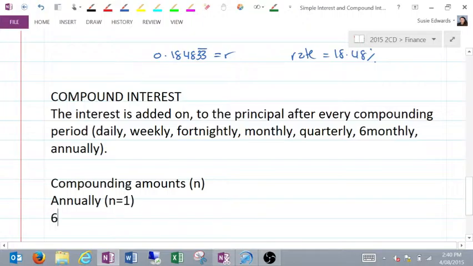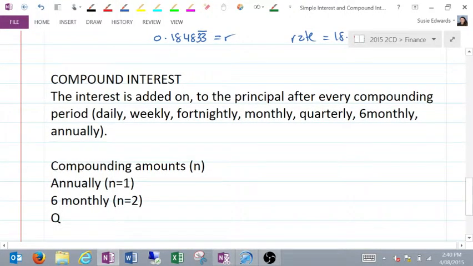If we said 6 monthly, N equals 2, because twice in a year, the money gets added on. Okay? Quarterly. If we add it on every quarter, how many quarters are there in a year? 4.